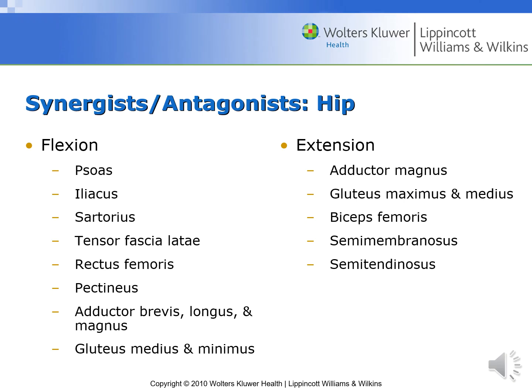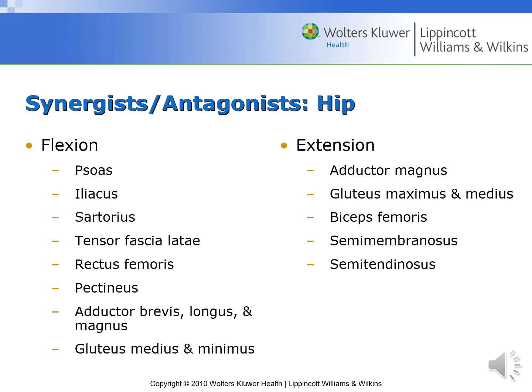Okay, so the synergistic muscles that aid in hip flexion are the psoas, the iliacus, the sartorius, the tensor fasciae lata, the rectus femoris, the pectineus, the adductor brevis, longus, and magnus, the gluteus medius, and minimus.